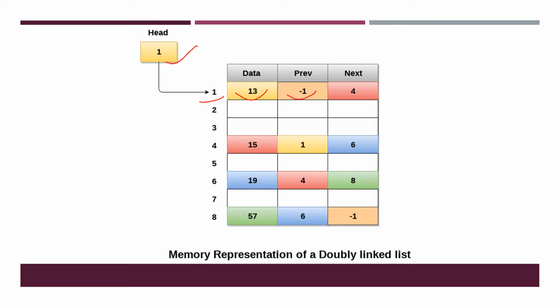The next node of the list resides at address 4. Therefore, the first node contains 4 in the next pointer. So we can traverse the list in this way until we find any node containing the null or -1 in the next part. So this is the representation of the double linked list in memory.